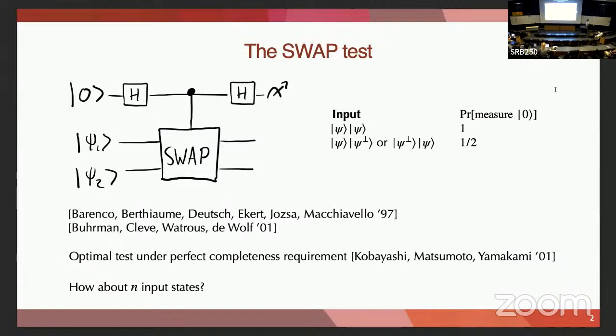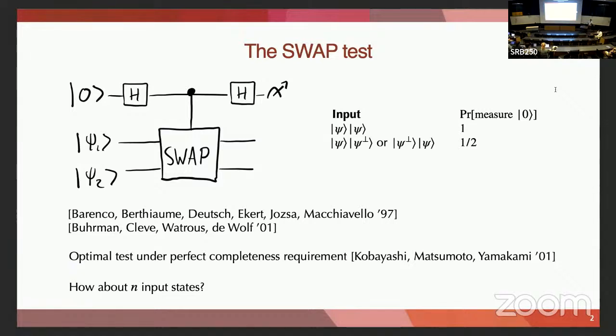Then we know for a very long time from those fundamental works that if you have an input with two identical states, then the measurement probability of an answer that they're equal is 1. However, if they're orthogonal, then we only measure this with 1/2 probability.